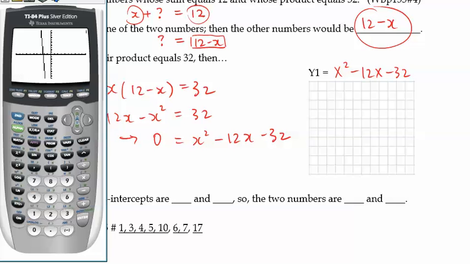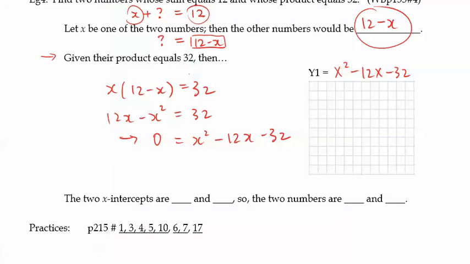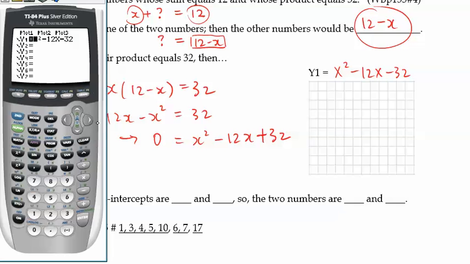And once you graph it, wait, yes, thank you, plus 32, yes. It should be plus 32. And draw it. And you will be able to come up with two solutions on your parabola.